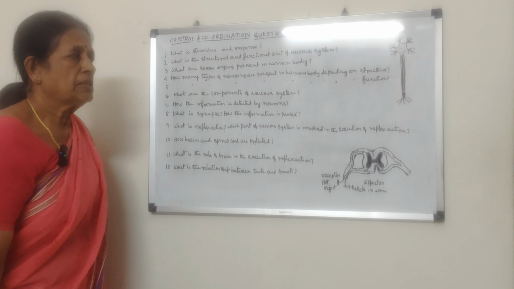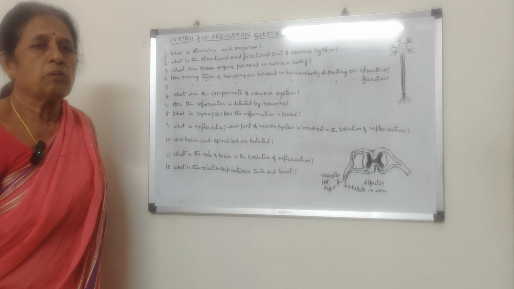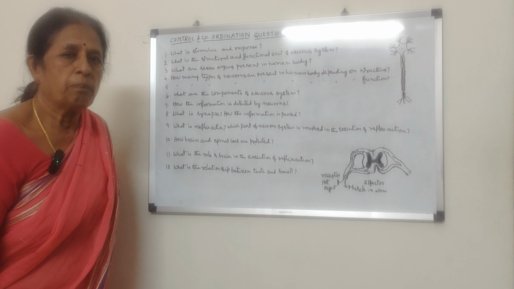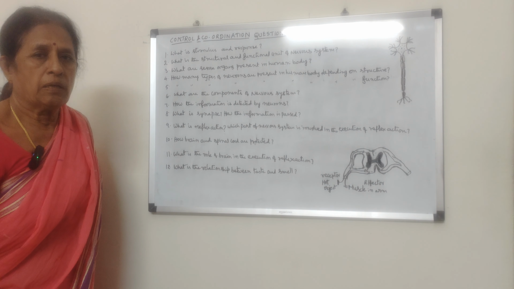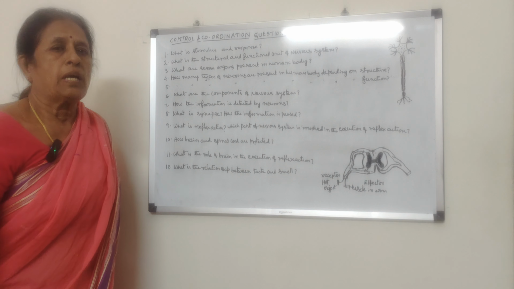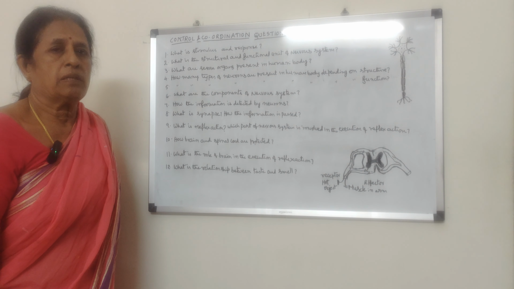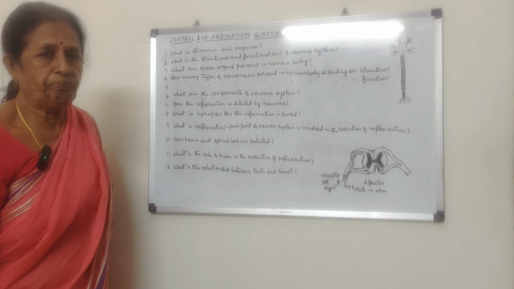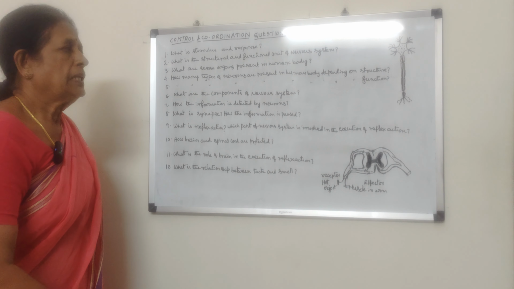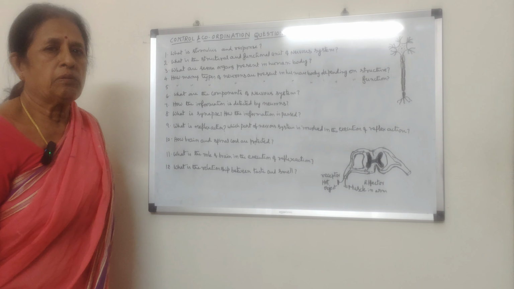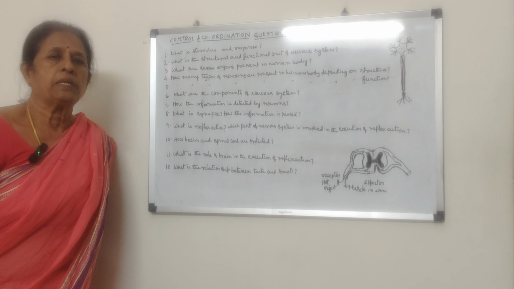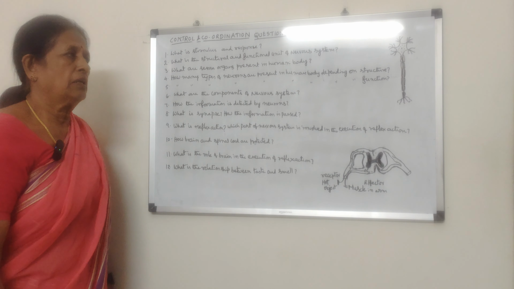Motor neurons arise from the brain and spinal cord, and they carry impulses to the effector, that is muscles etc. in the body.